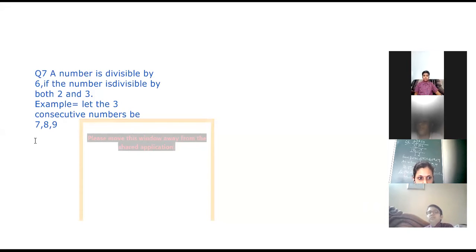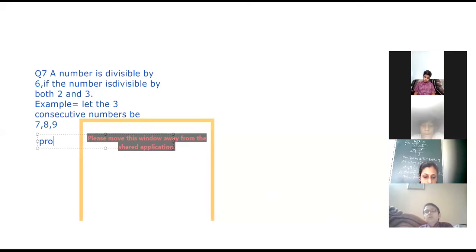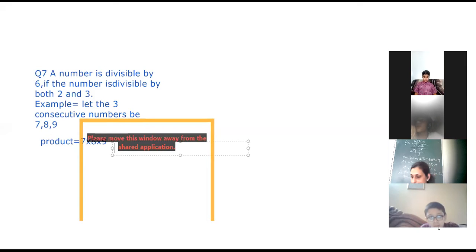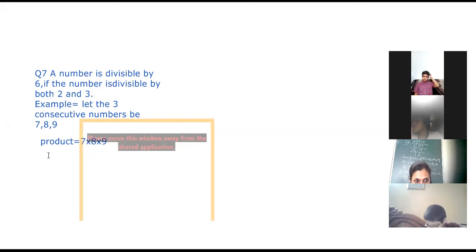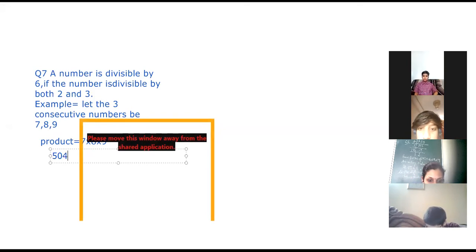So the product of the numbers is equal to 7 multiply 8 multiply 9, and we are getting 504.